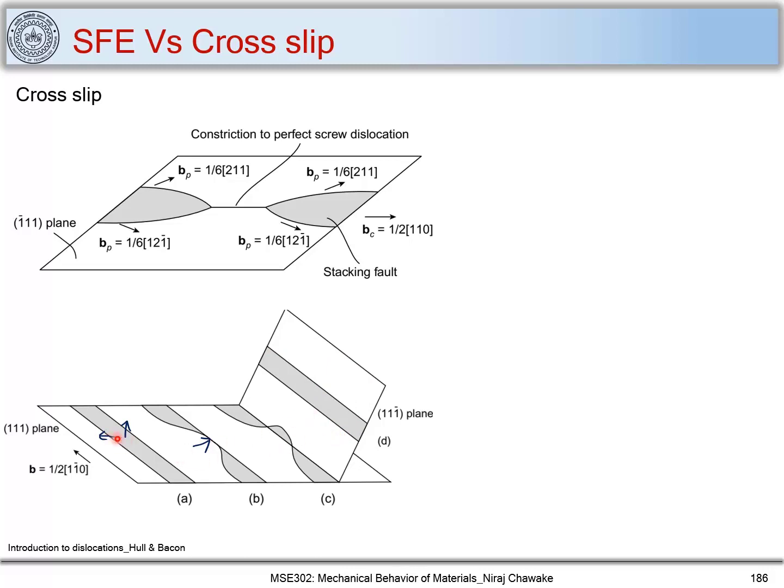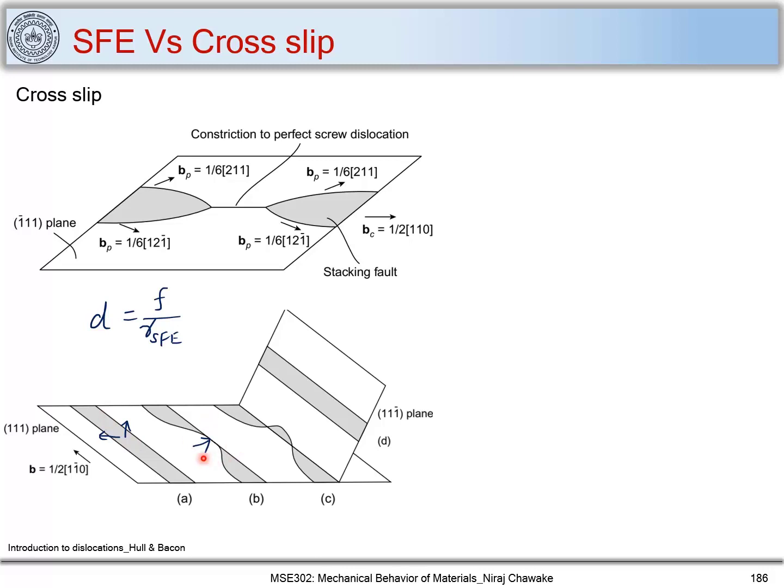For these two partials to come close to each other, the required condition is that the stacking fault energy should be higher. What we have seen is that, let me write it down, d, the separation between two partials, can be given as proportional to 1 upon gamma SFE. So if gamma SFE is higher, the separation between two partials will be smaller and smaller, and thus the constriction can happen here.